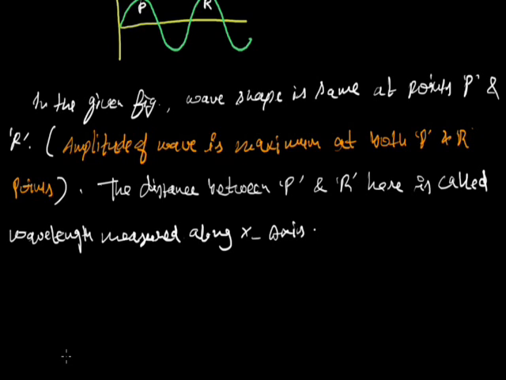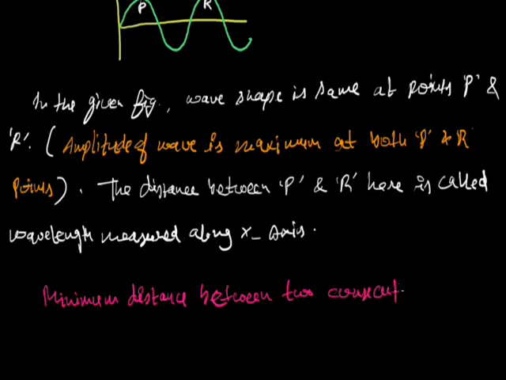Also we can define the wavelength in different manners, in which we can say for the wavelength that minimum distance between two consecutive crests or troughs is known as wavelength.